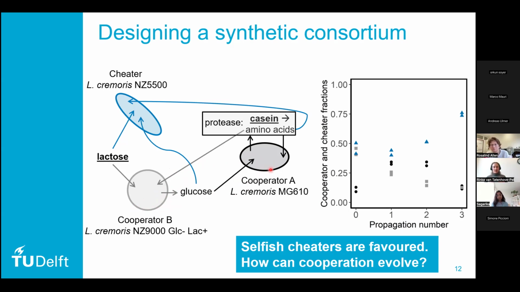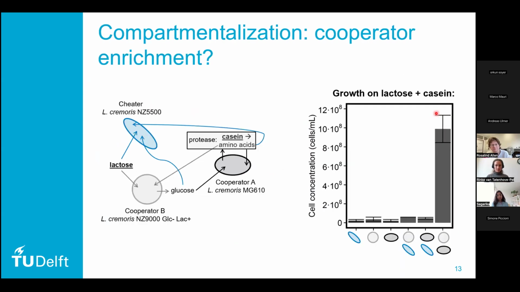But how is it then possible that these systems are stable? How are these cooperation interactions evolving when, if all of the guys are together, the cheaters in the end win? So how does cooperation evolve? When we were thinking about this, and it's also known in the field, spatial structure can play a big role here.